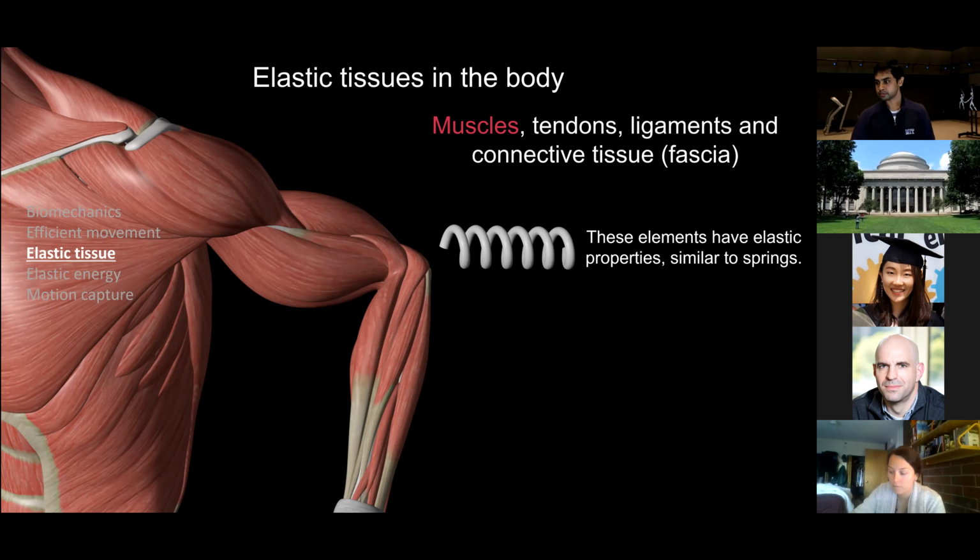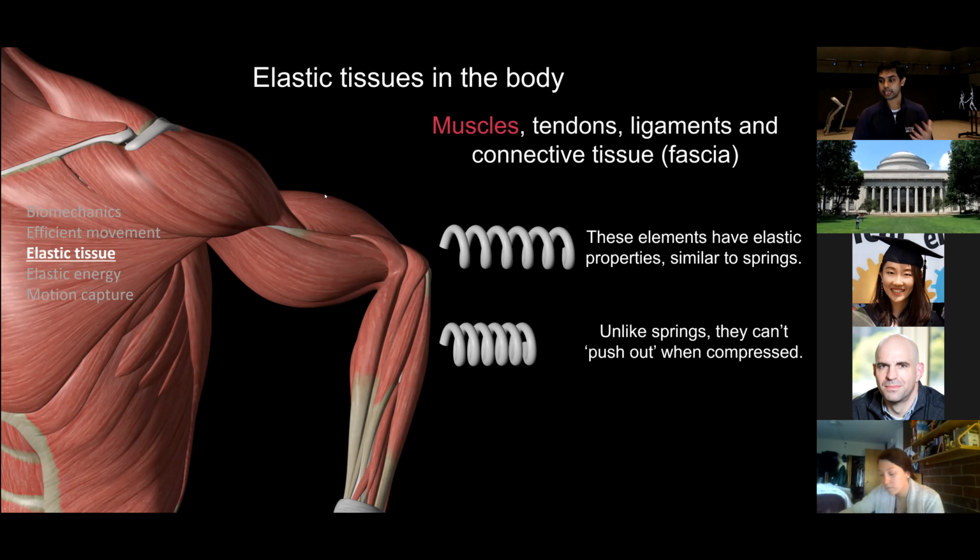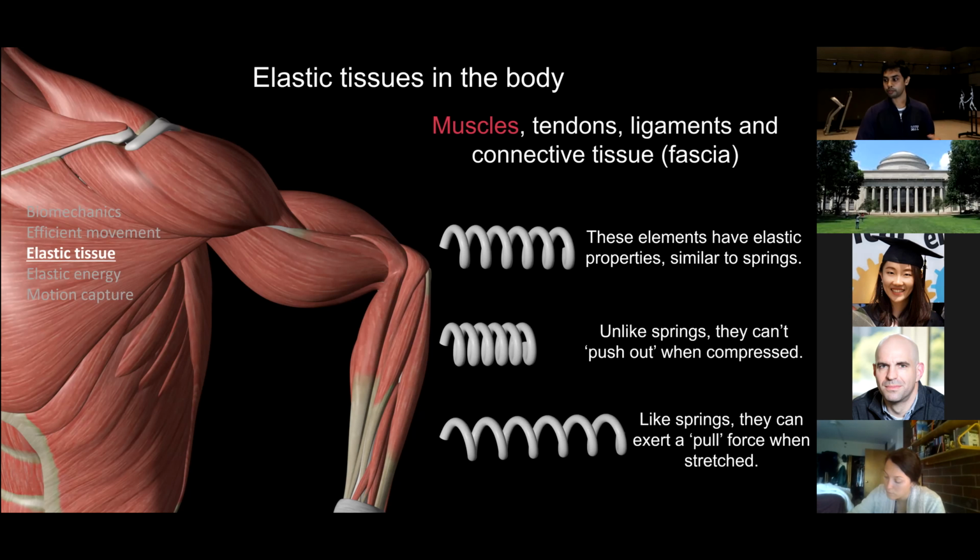Right? So these elements have elastic properties like springs. Unlike springs, they don't push out when they're compressed. But like springs, they can exert a pull force when they're stretched. If you work with a resistance band, you know that if I shorten it, it's just going to go slack and nothing's going to happen.